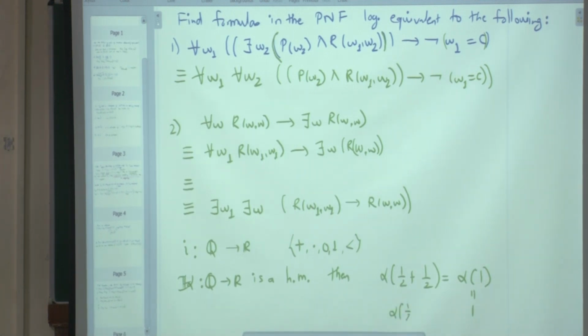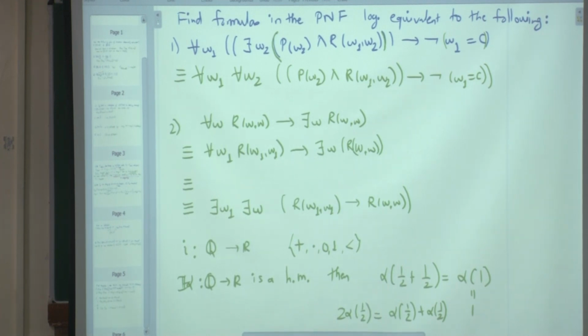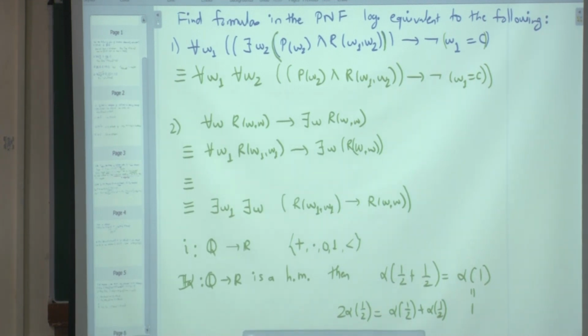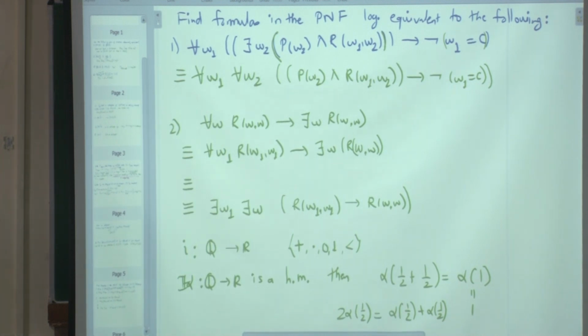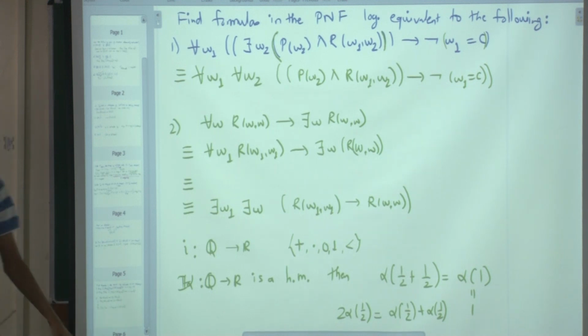Alpha of half plus alpha of half, which is 2 times alpha of half. Well, therefore alpha of half is half. So therefore this way you can show that all rational numbers are preserved. So there is no other homomorphism possible.